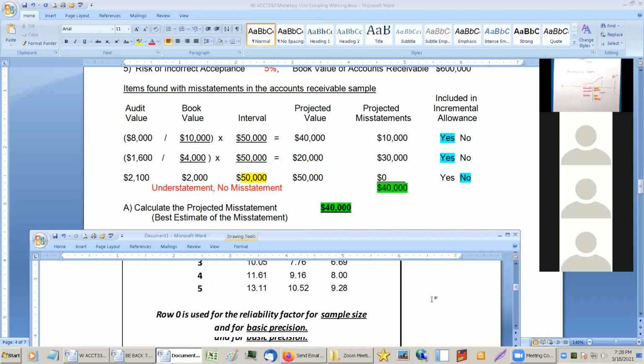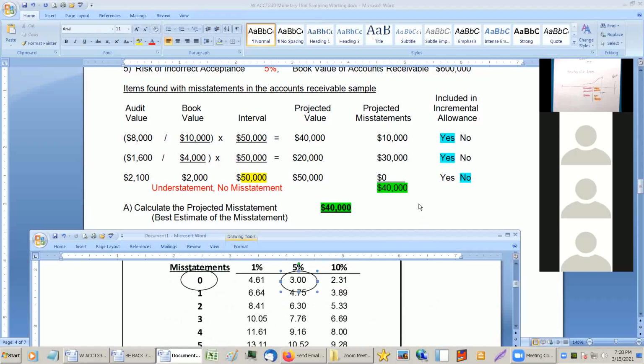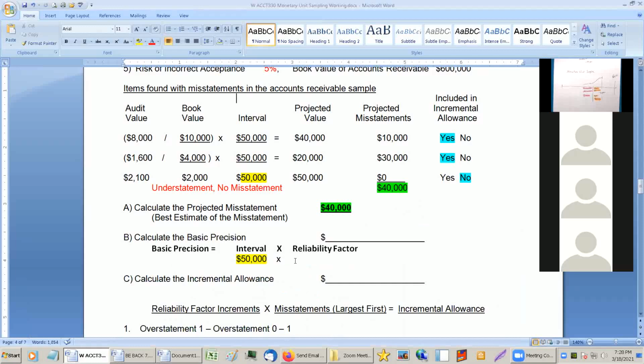And again, for this one, it's because basic precision is if there are no errors. Three. And that equals 150,000.